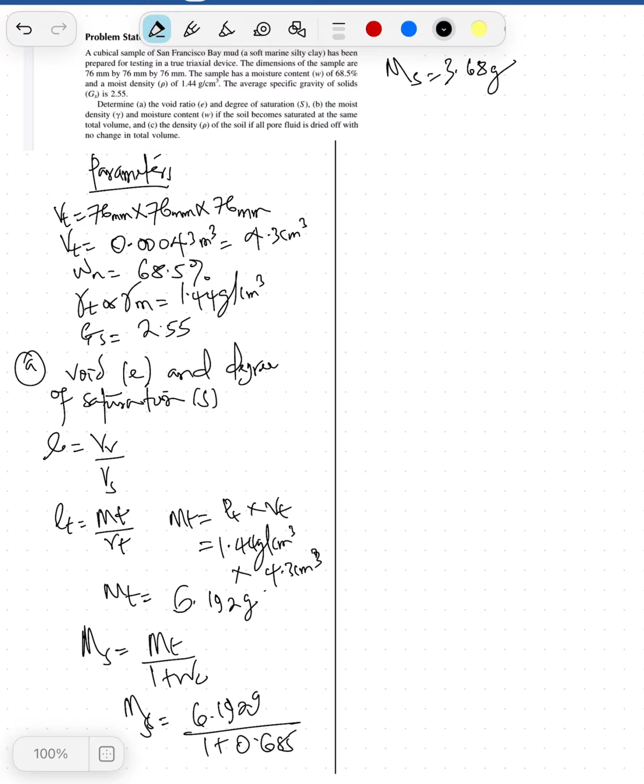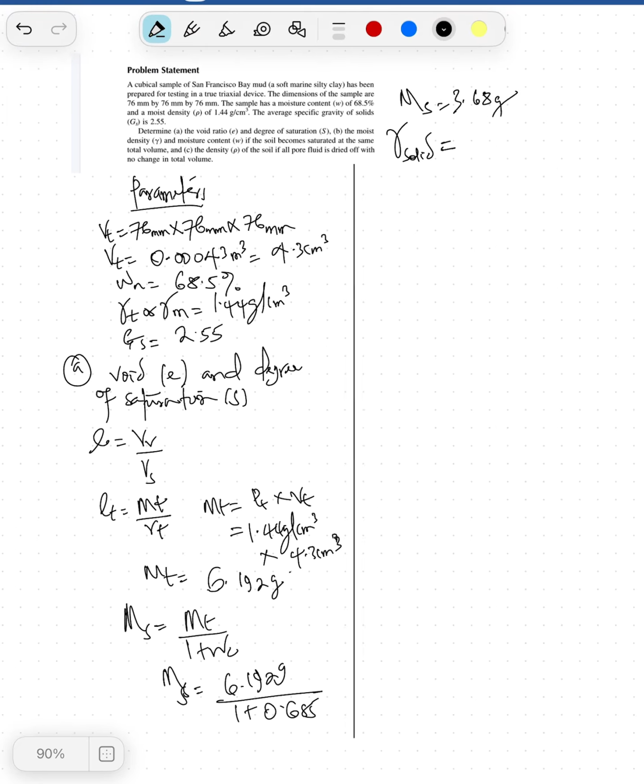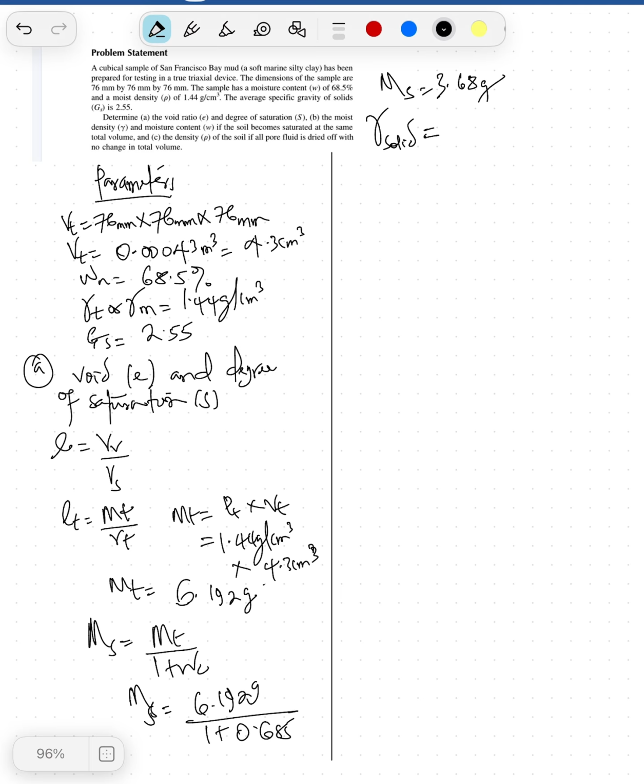Since we know the mass of solid, we know that density of solid equals mass of solid over volume of solid. So volume of solid equals mass of solid over density of solid.